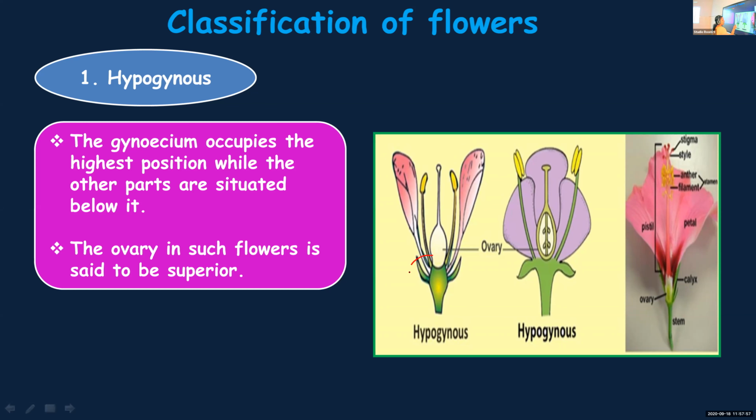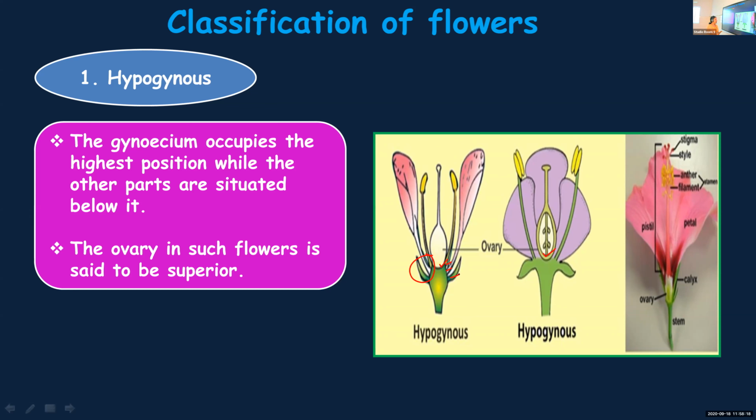See, all the other whorls are below this. This is occupying the topmost position. All the other whorls are arranged beneath it. So you can see all these are beneath the pistil or gynecium.